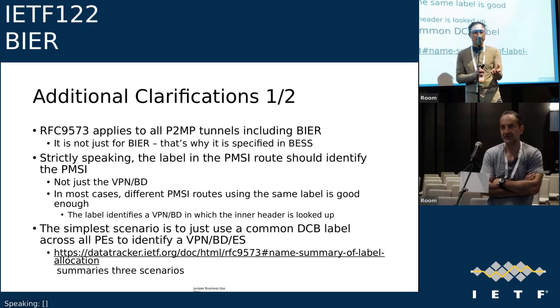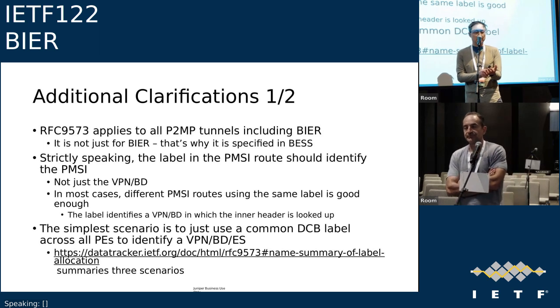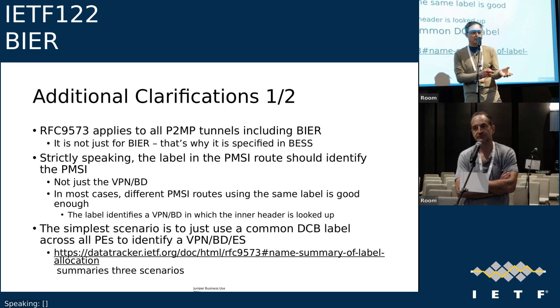I want to make 2 points here. One is that we agree that we either need to change the BIER encapsulation RFC to stop saying upstream, downstream assigned label, or we change the meaning of downstream, upstream assigned label. That needs to be done, and we will discuss more in the MPLS working group.